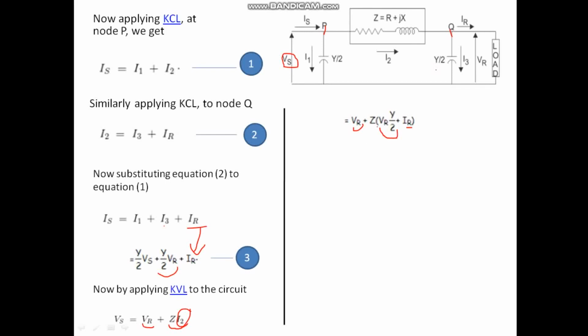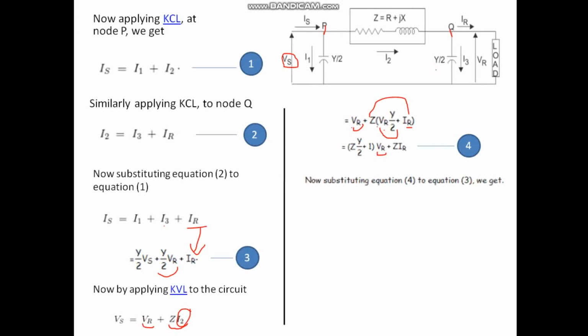Okay, clear? Next, I took common things out, from this and this I took VR out. So I am left with Z Y by 2 plus 1 and Z into IR. Okay, let this be equation 4.